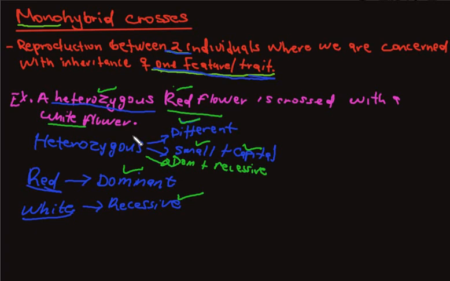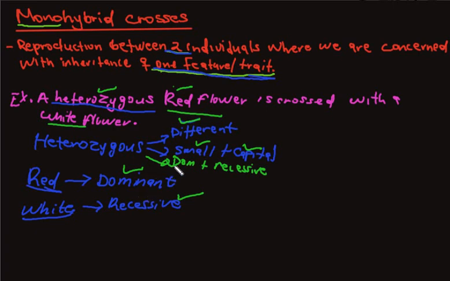So the fact that white is there means the dominant allele for the flower color is not there. That's why the recessive one, which is white, is expressed. That is how we reached that conclusion.